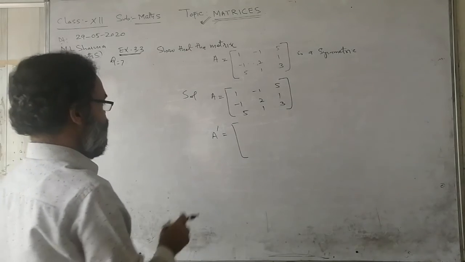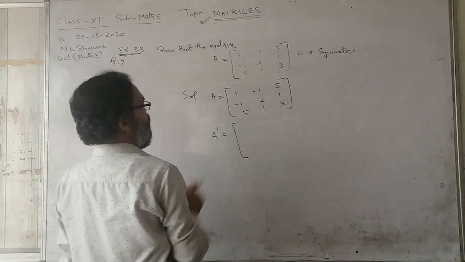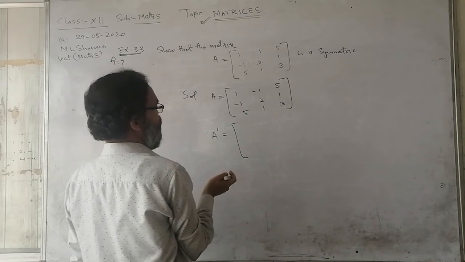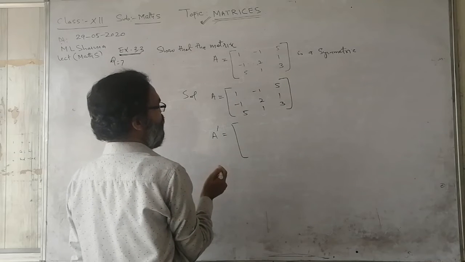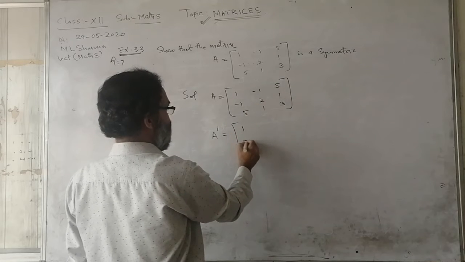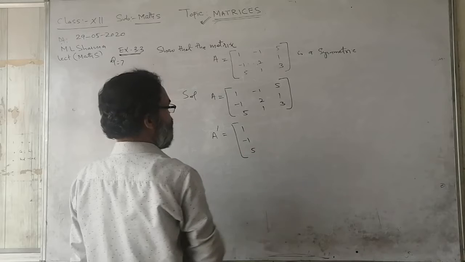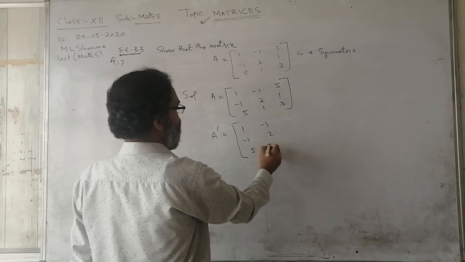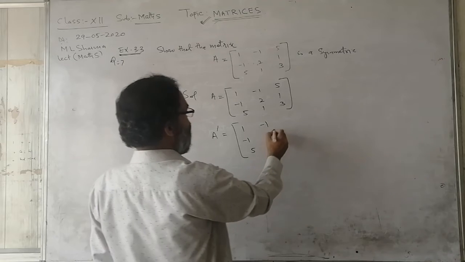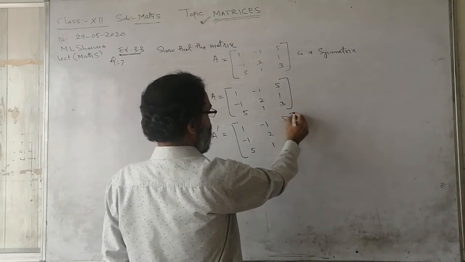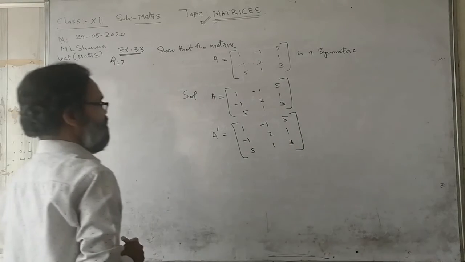So transpose of A will be obtained by changing rows into columns. So first row I change into first column, second row as second column, and third row as third column. So this is A transpose.